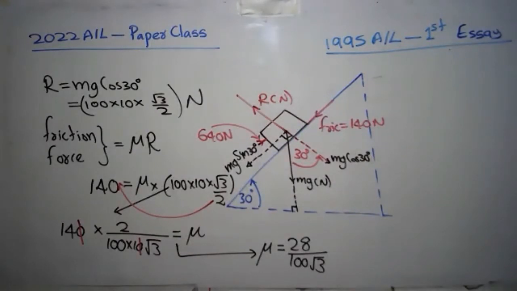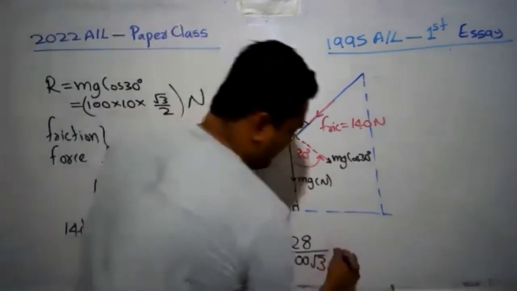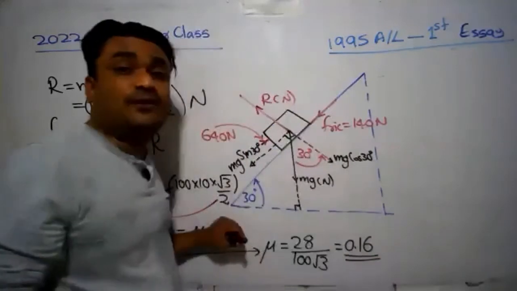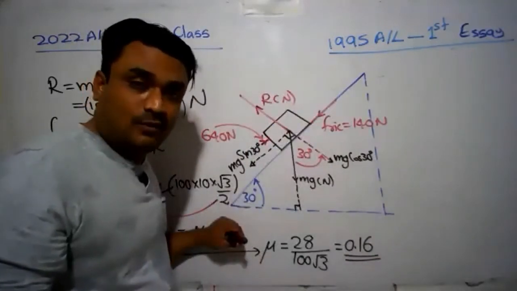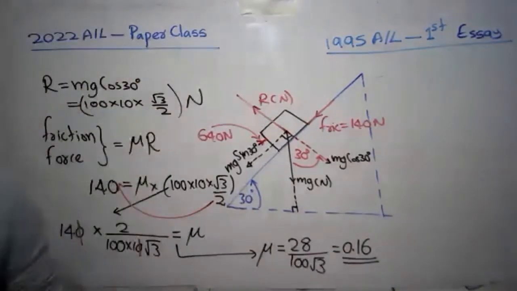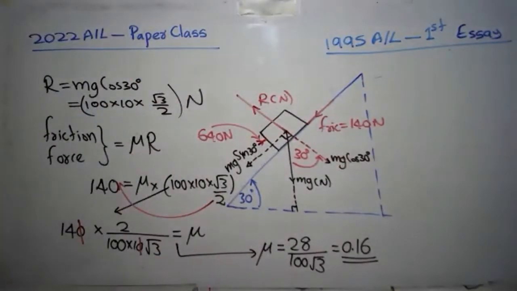So 28 divided by 173.2, that is 0.161. So what's the answer? 0.16 is enough. Coefficient of friction does not have units, no units, right? Now let's go to the next part of the question.